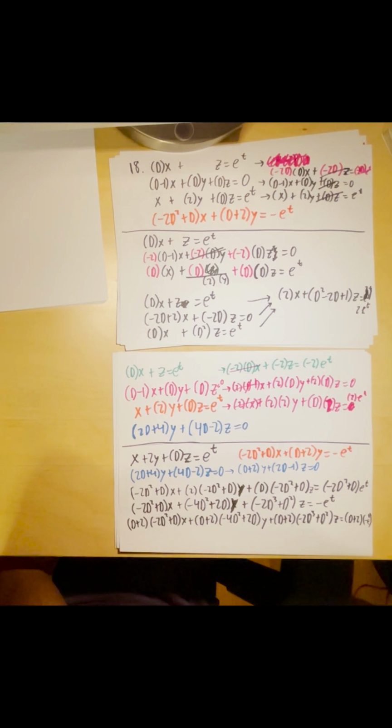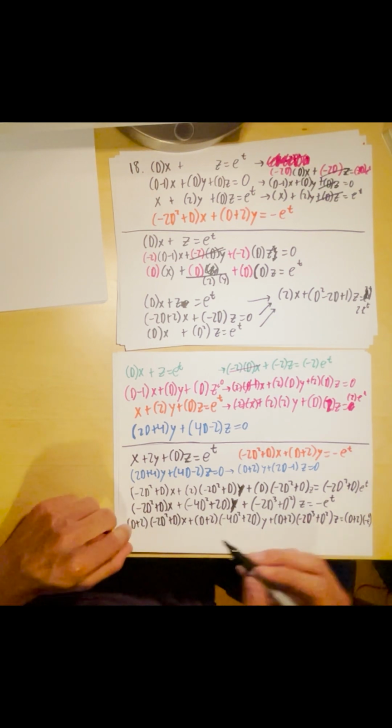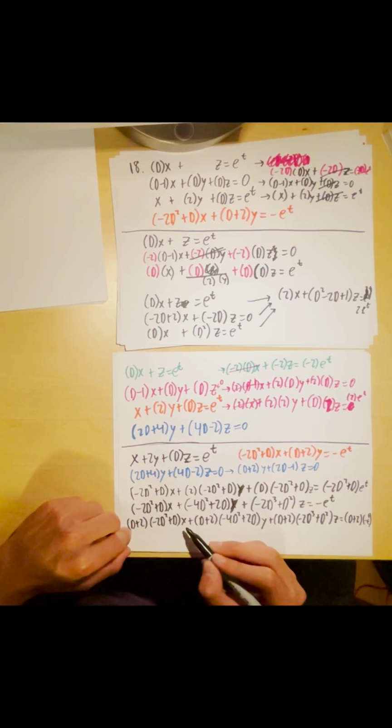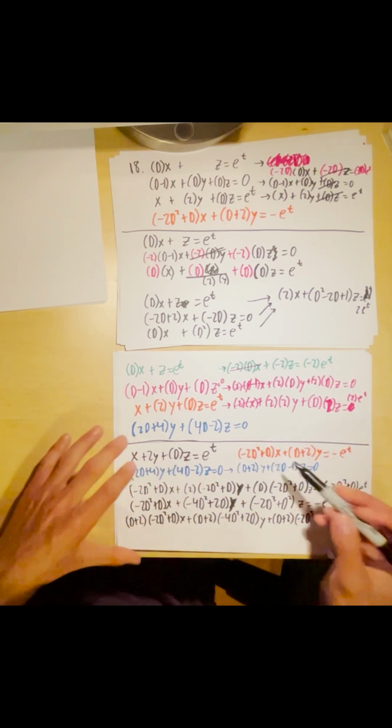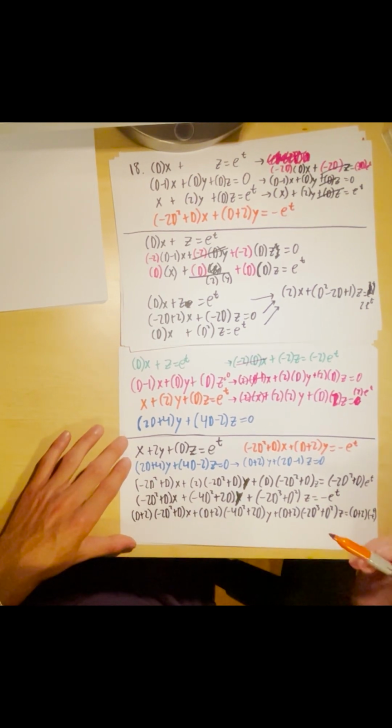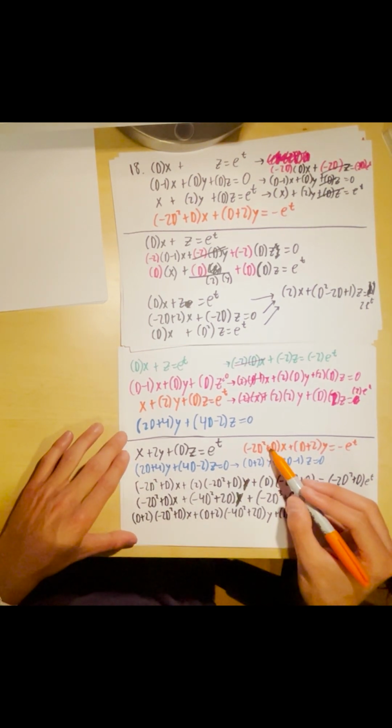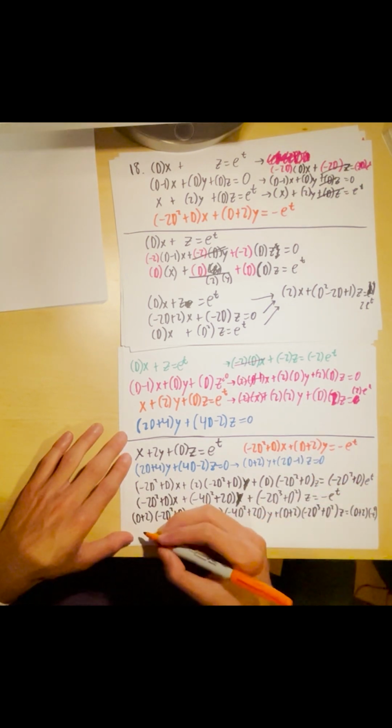Hold on, I'm just checking with my notes to make sure I got this right. Okay. Lining this up, now in front of x we have d plus 2 times negative 2d squared plus d, and in front of this x we have negative 2d squared plus d, so we're going to need to multiply this equation through by d plus 2.